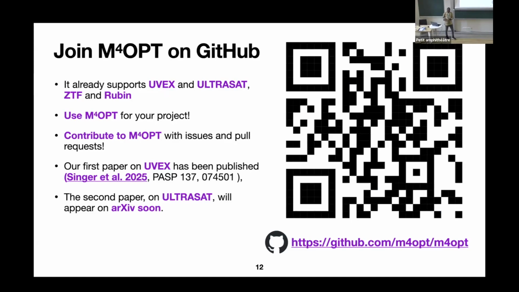For the moment, for our contribution, we already have one paper published, focused on UVEX, and the second paper, focused on ULTRASAT, will be soon on arXiv. You can scan the QR code to join us.